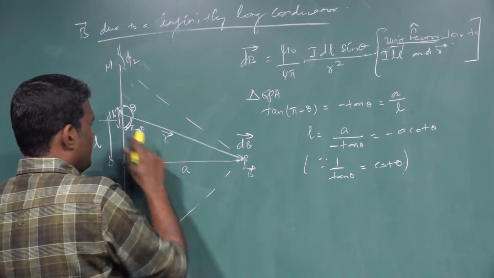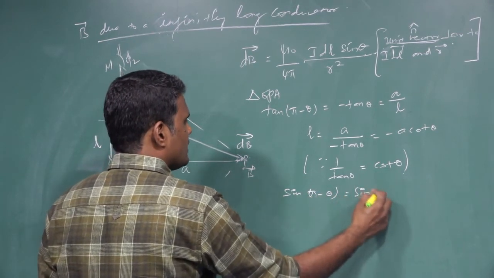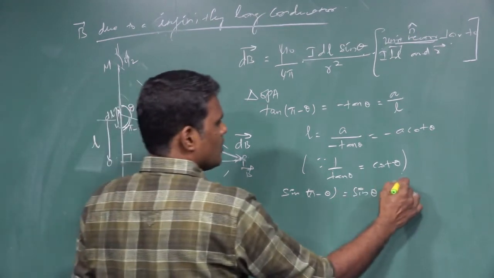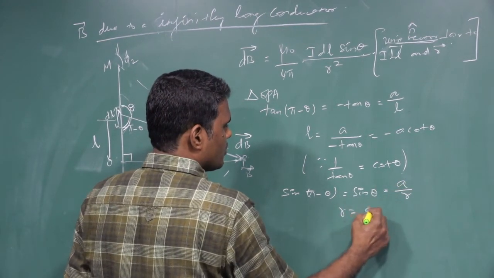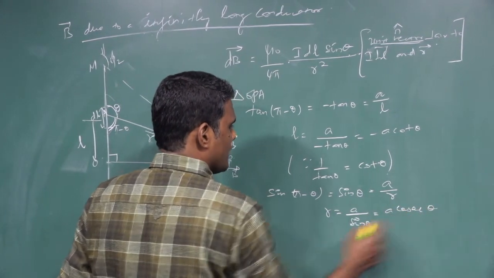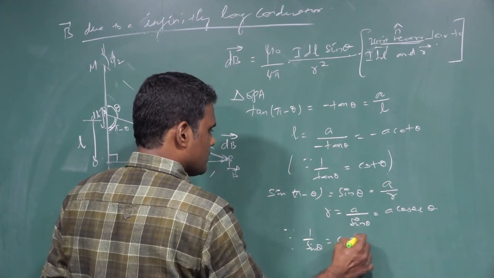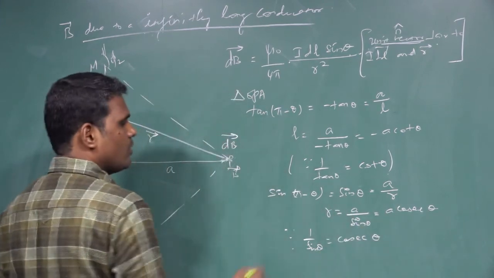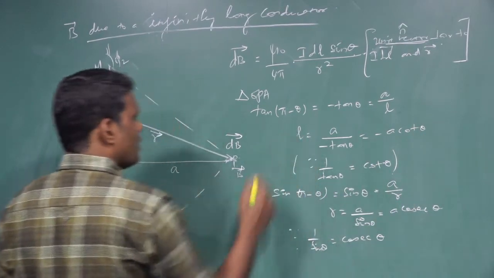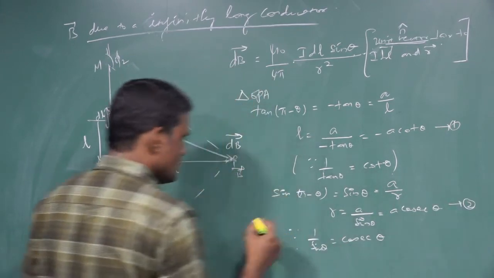Then if I take sine of pi minus theta, this is sine theta itself. Sine theta equals opposite side divided by hypotenuse from the same triangle, which is A divided by R. So R equals A divided by sine theta. This is equal to A cosecant theta, since 1 by sine theta equals cosecant theta. So R equals A cosecant theta, L equals minus A cot theta. I am going to differentiate this L with respect to theta.